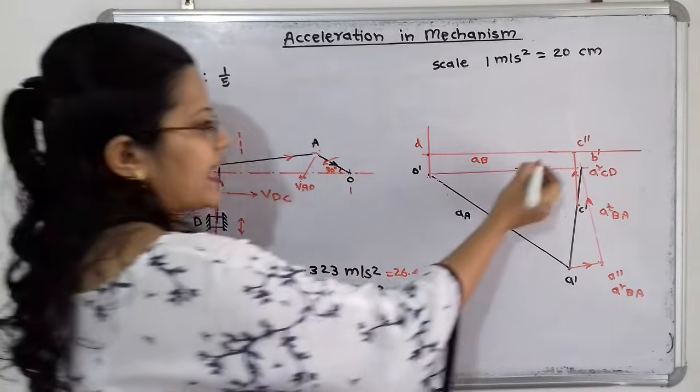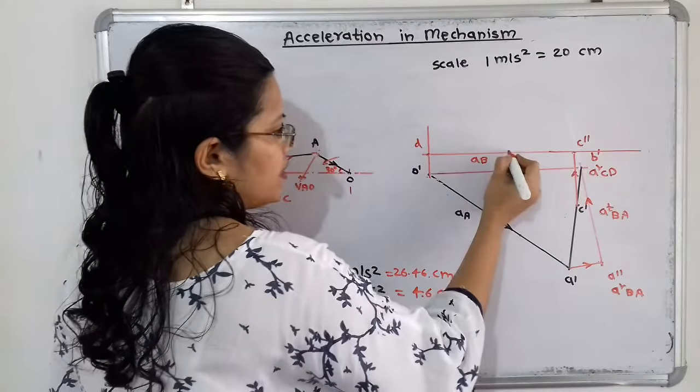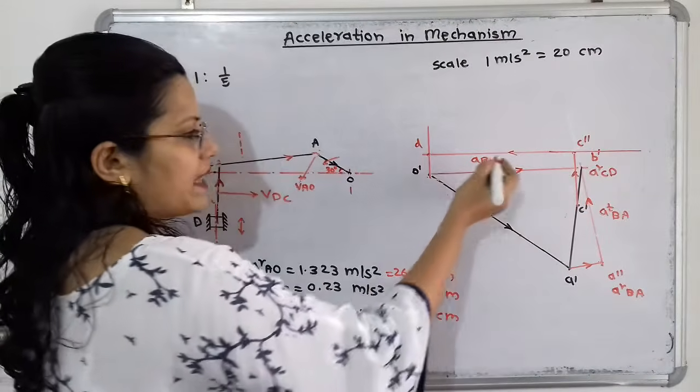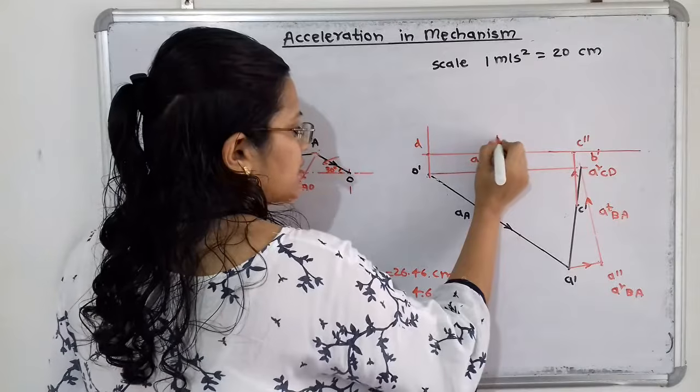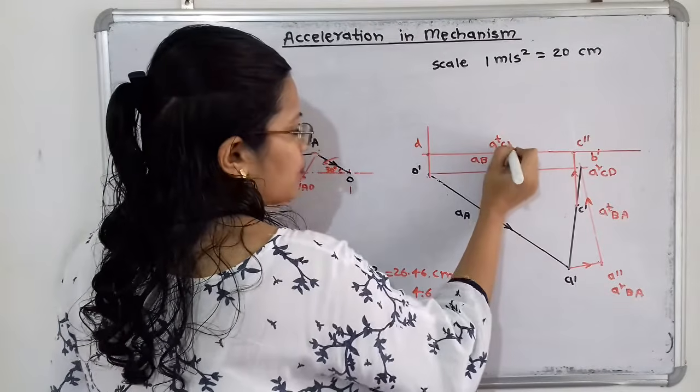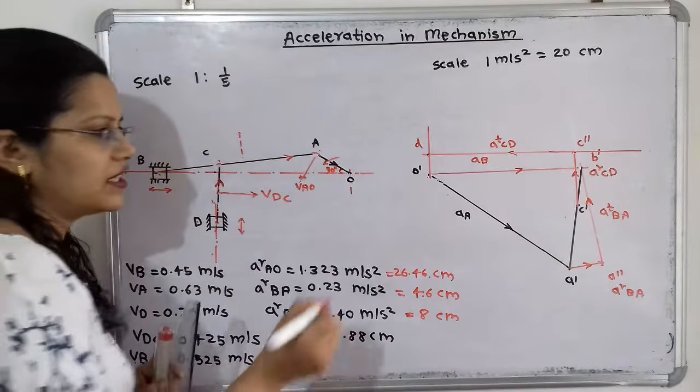So now we can say that for C double dash to D, here is the arrow towards the left hand side, and this indicates A raised to T, that is the tangential component of acceleration for link CD.